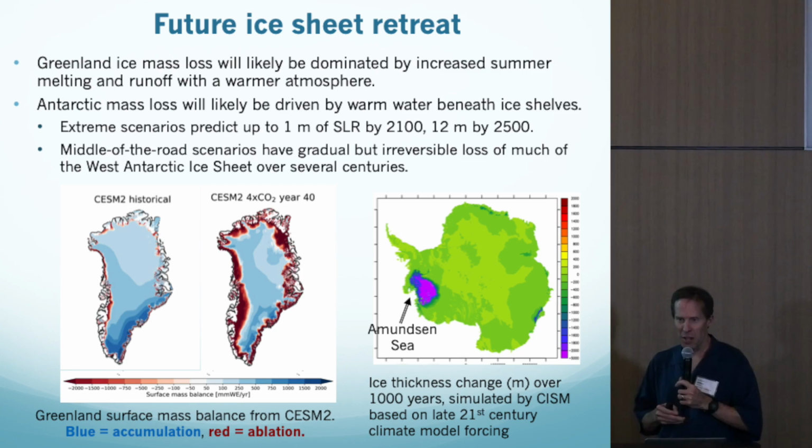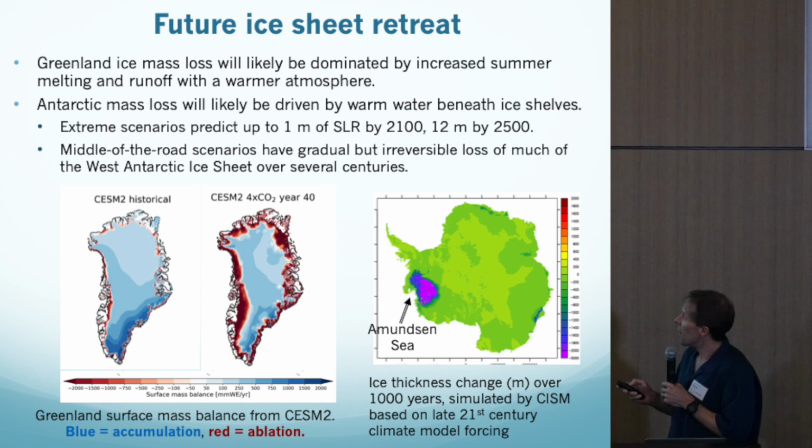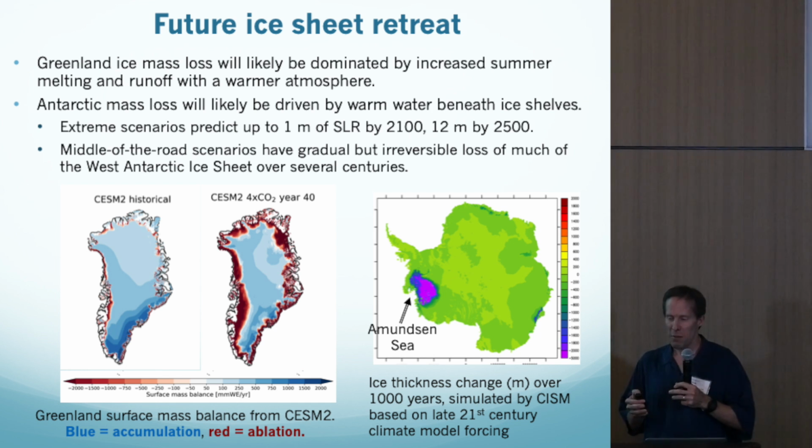For that, I would say the story for Greenland versus Antarctica is quite different, and this certainly has policy implications in terms of future sea level rise. In the case of Greenland, although it does have glaciers that flow into the ocean and interact with the ocean, the dominant forcing of Greenland melting is a warmer atmosphere.